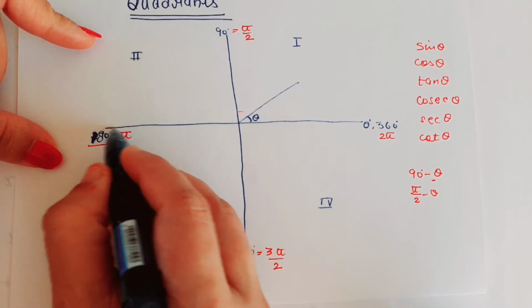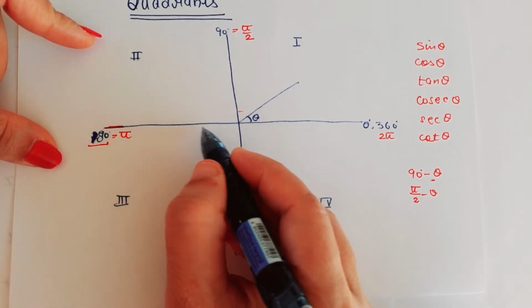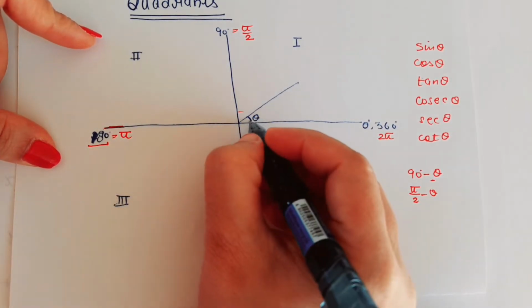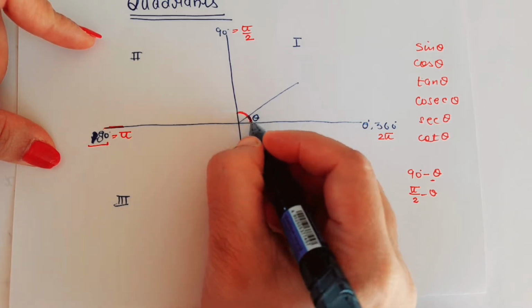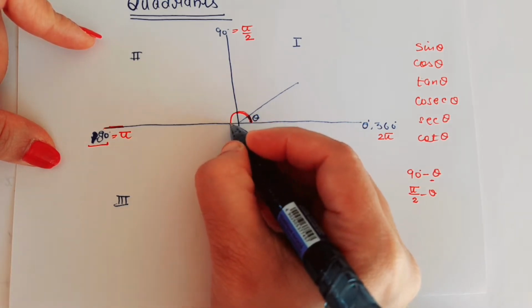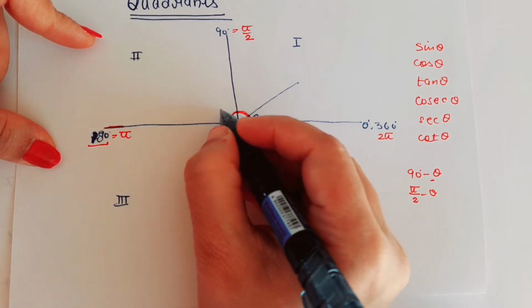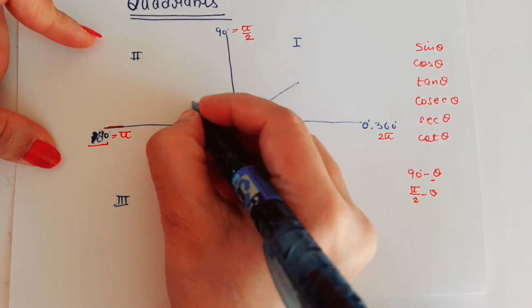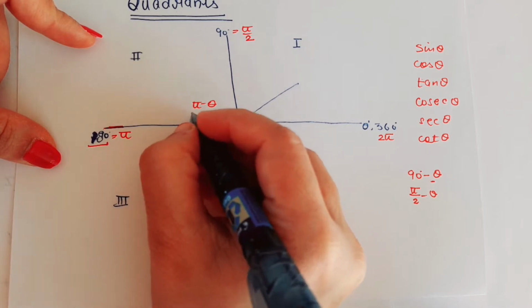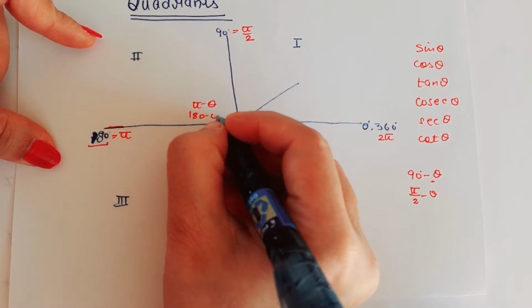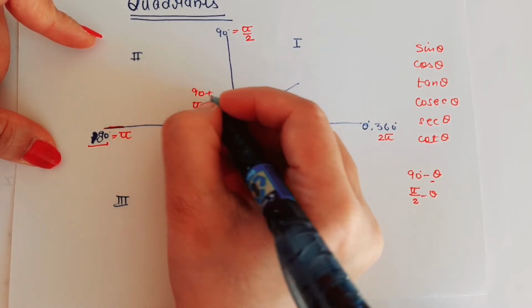Pi is this one; if we add something, the angle will move here. Pi minus theta means 180 minus theta.